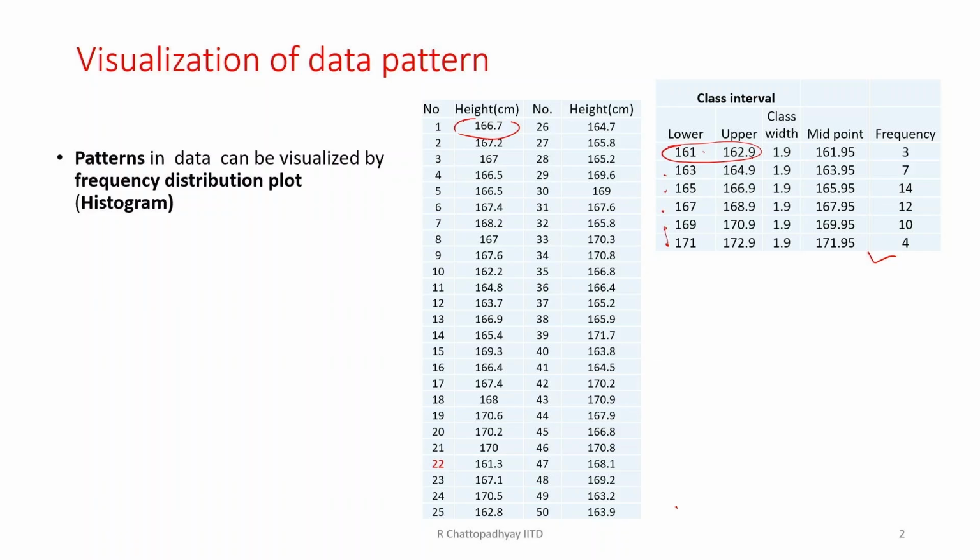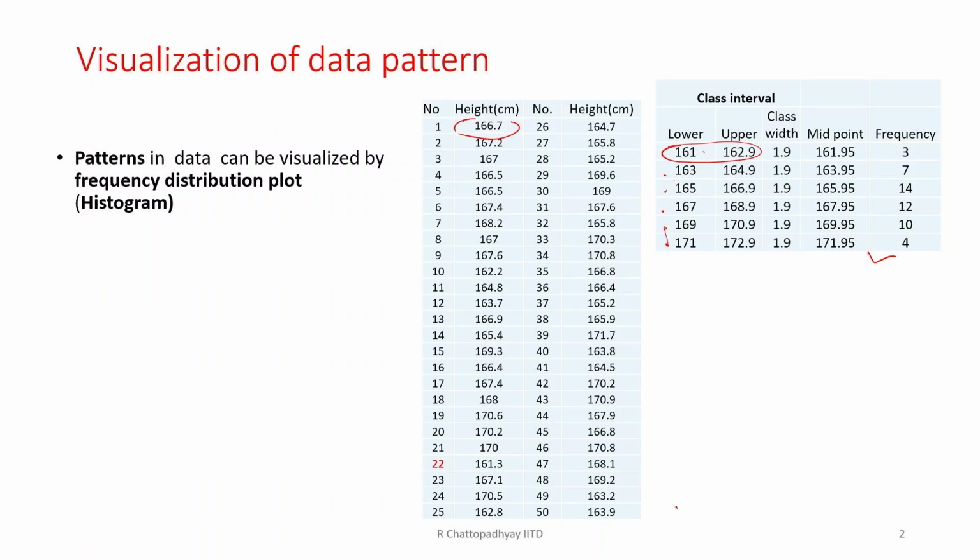Like the very first group, 161 is the lower value, and 162.9 is the upper value. The groups have been chosen in such a way that the class width is fixed, which is 1.9. So 161, 162.9, 163, 164.9. If you take the difference between the upper value and the lower value, the difference is 1.9.